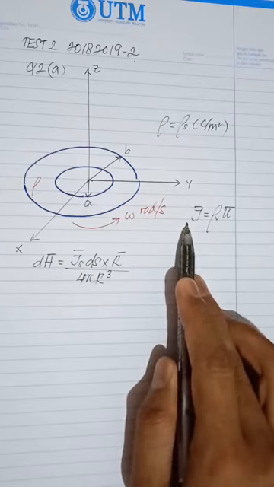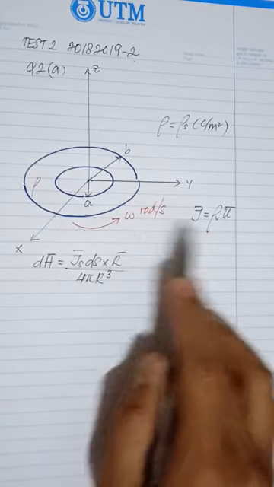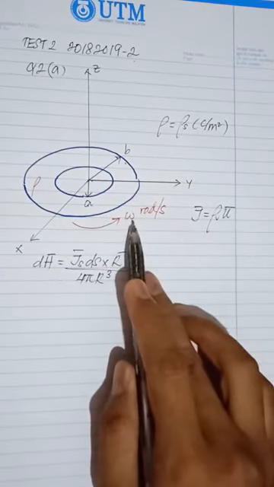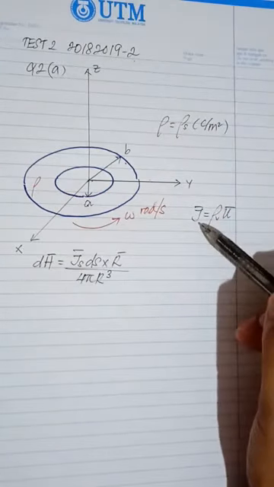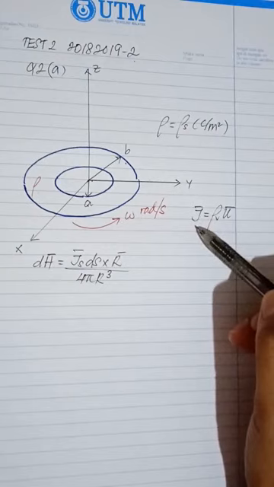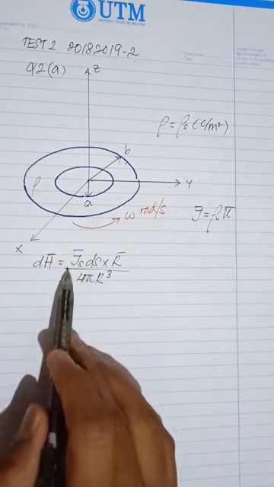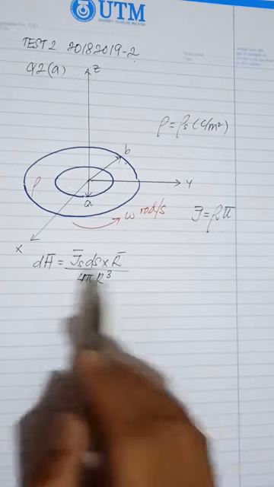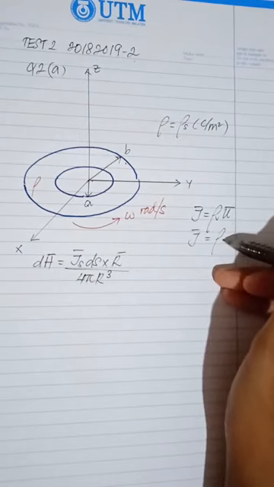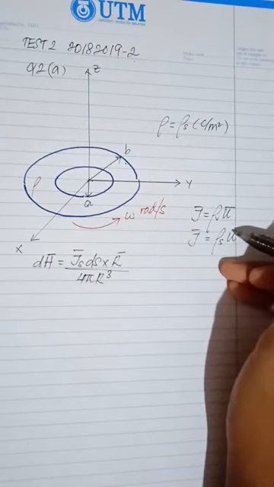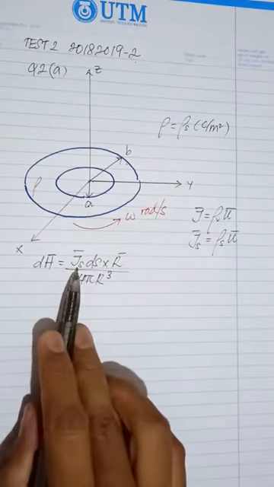So for this case, we have a rho s that moves with constant velocity, in this case a constant angular velocity, so we also will have a current, but this case becomes surface current density. That's why I'm going to put here the element of surface current. So for rho s which moves with velocity, you can have Js, alright? That's why we have here Js ds.